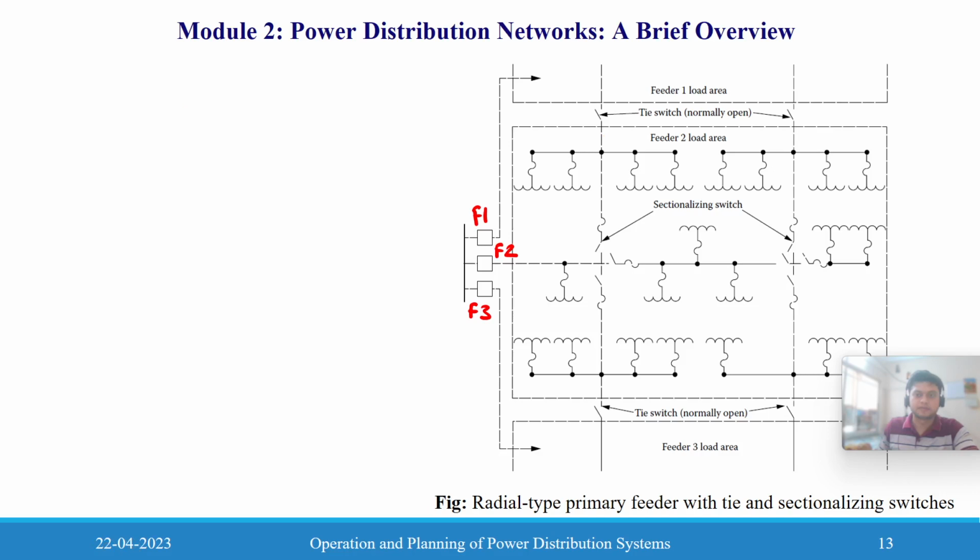Normally it is open, while the sectionalizing switch is closed. If a fault happens, this sectionalizing switch gets opened so that the faulty part is removed from that feeder and the power supply remains continuous. While the tie switch is used in an emergency condition, if we want to take the power from the other feeders.